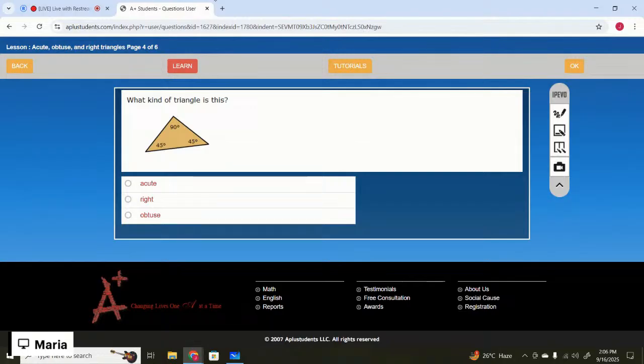Again, that is a right triangle. Option number 2 is the correct option.